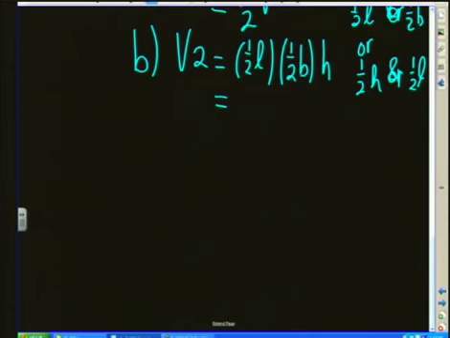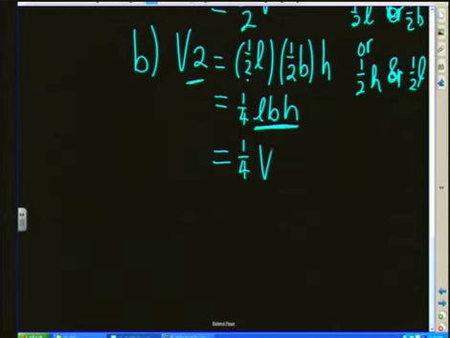Okay, so this is the second volume. We're going to get a half times a half is a quarter length times breadth times height. Remember, length, breadth, height, that was the original volume V. So your new volume V2 is going to be a quarter of the original volume, and this is when you change 2 dimensions.